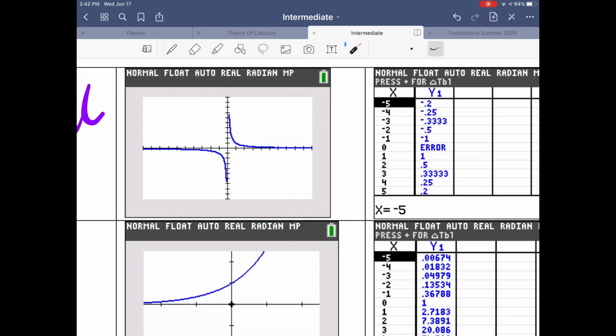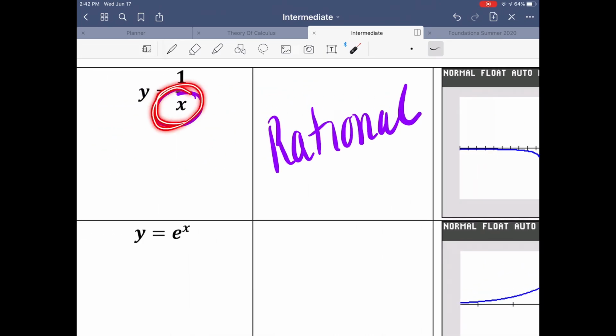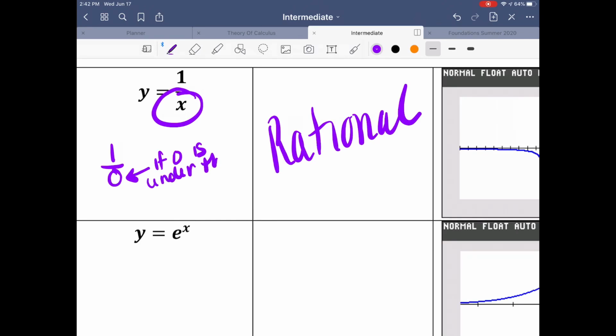And that is called an asymptote. And that is a place where the graph cannot equal. And that's because there is a variable in the denominator. And if you remember from algebra, maybe from high school, if you have 0 in the denominator, if 0 is under the fraction, it is undefined.